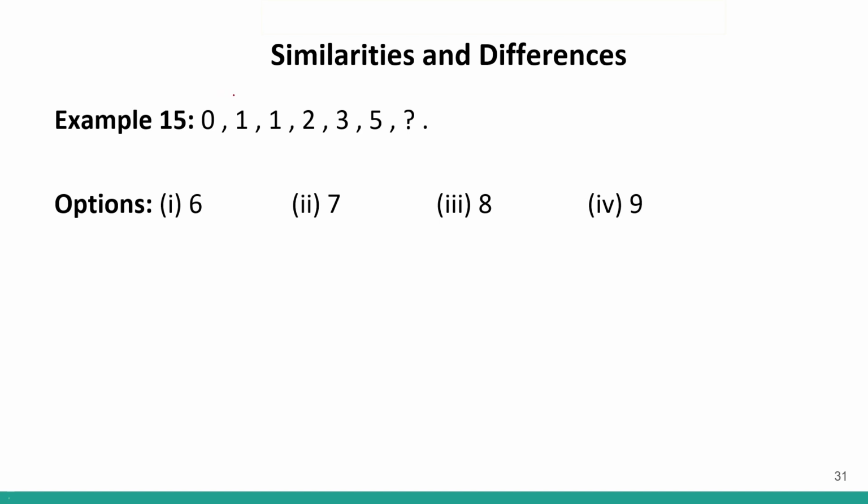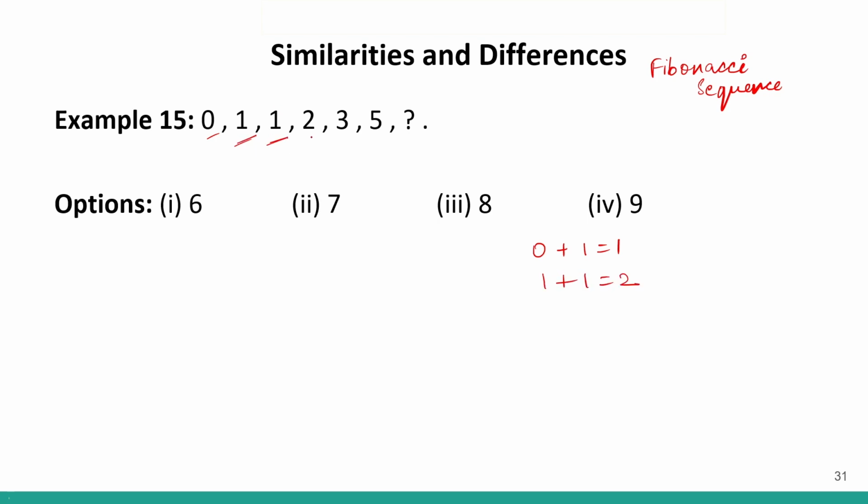So now, whenever you see something like this, it is called a Fibonacci sequence, however you want to pronounce it. In this sequence, the last two numbers are added to get the next number. So over here, 0 plus 1 will give me 1, right? 1 plus 1 will give me 2.